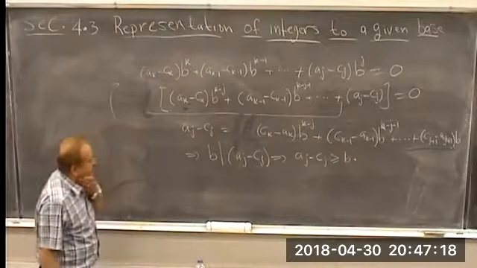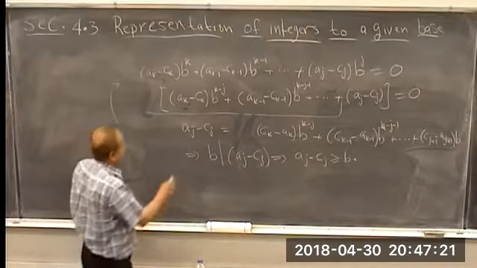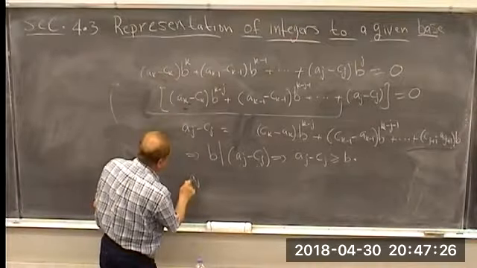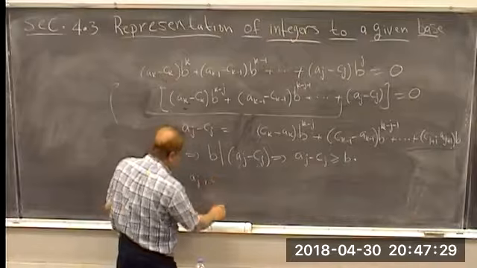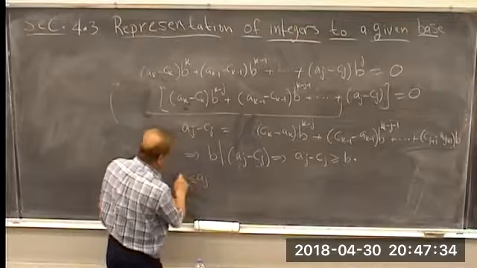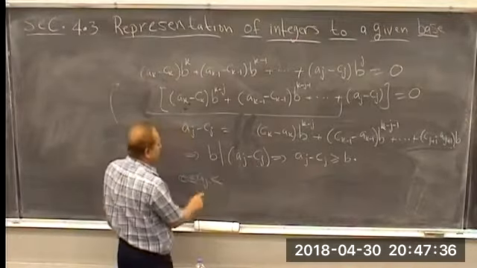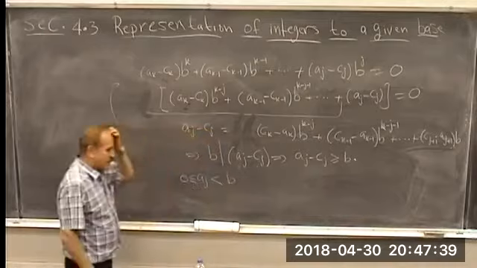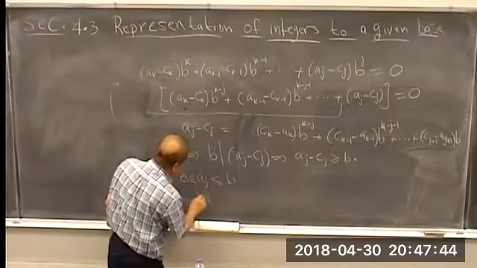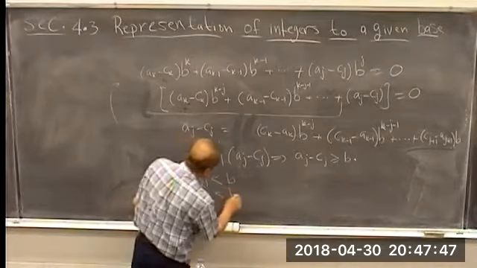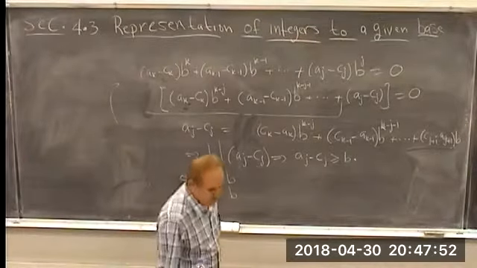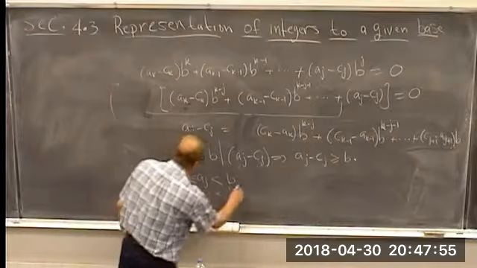On the other hand, we want to look at both of these, A_j and C_j. Let me write them individually. A_j is between 0 and B minus 1, less than B, right? And then we have also C_j, and I want to multiply this one by a negative 1.